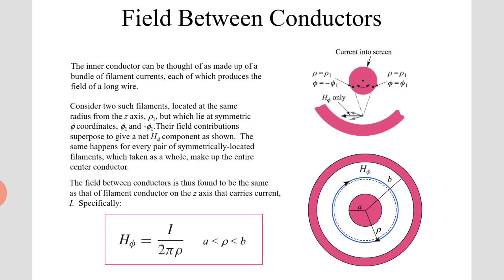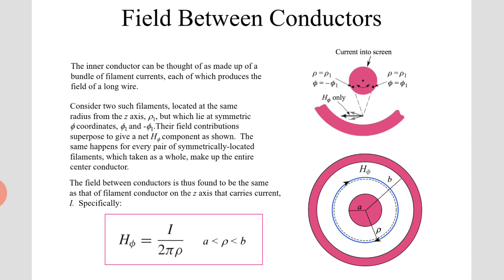Their field contributions superpose and give a net H phi component as shown. The same happens for every pair of symmetrically located filaments, which taken as a whole make up the entire center conductor, right?